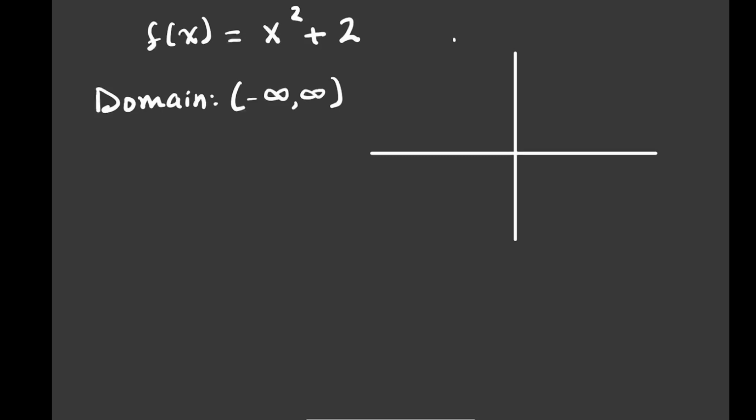Here we have the shape of the toolkit function of a parabola, where we know that it starts at 0, 0. Now we have x squared plus 2, meaning that my parabola is going to go up 2 units. However, it's still a parabola, meaning my domain is from negative infinity to infinity.